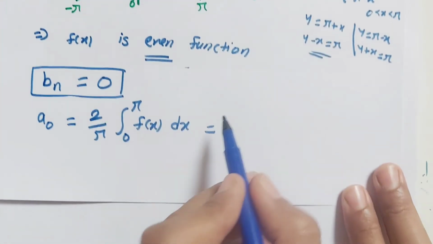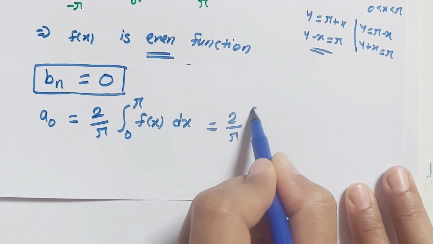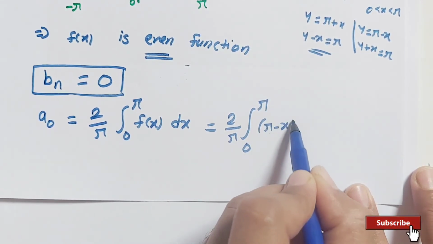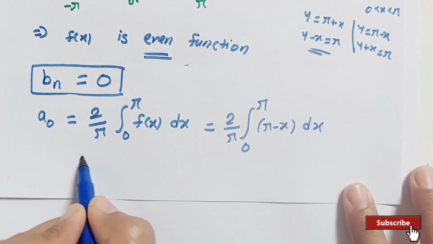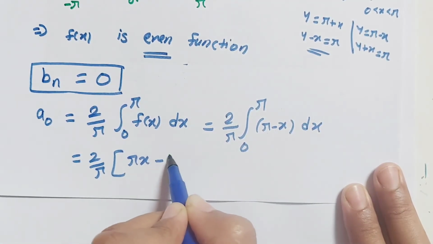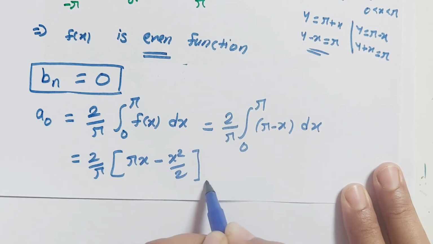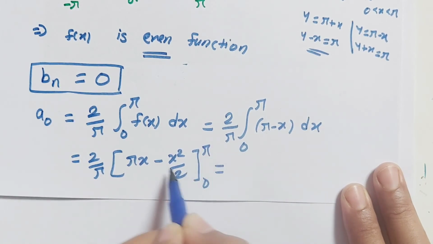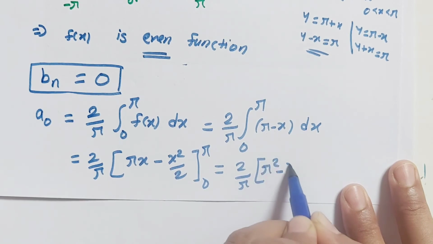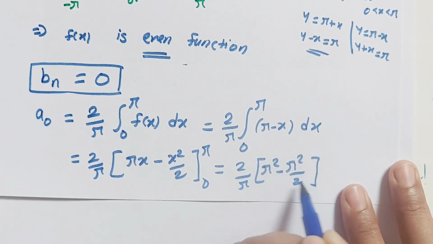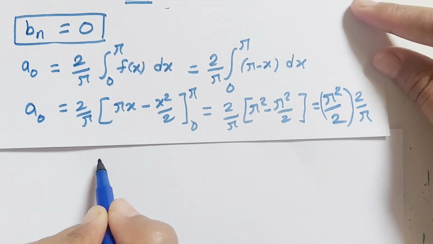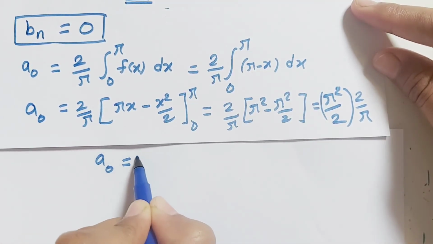So 2 by pi integral 0 to pi of pi minus x dx. Integrating, we get pi x minus x square by 2, limits 0 to pi. Putting the upper limit, 2 by pi times pi square minus pi square by 2, minus the lower limit which is 0. That means the final answer is a0 equals pi.